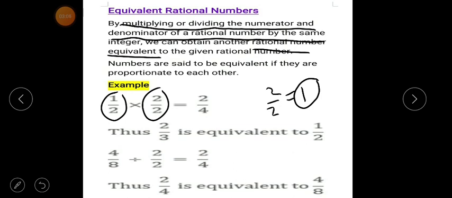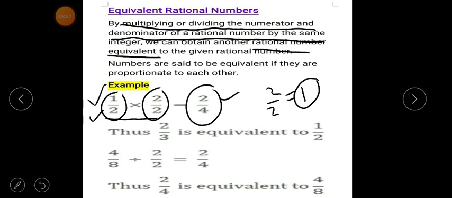So when we multiply 1 by 2 with 2 by 2, it doesn't change the value of 1 by 2, but yes, the number becomes 2 by 4. So 2 by 4 is the equivalent rational number to 1 by 2. Similarly, we can find an infinite number of equivalent rational numbers to a given rational number.